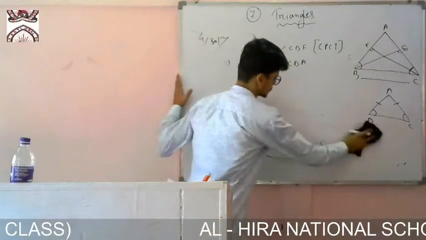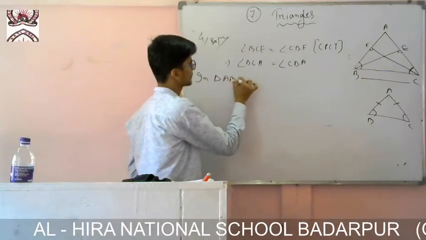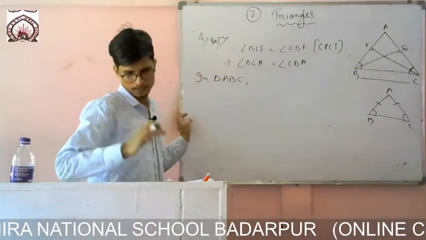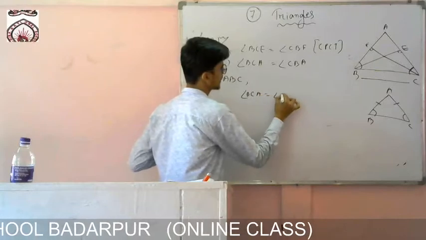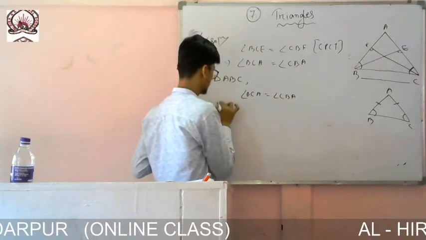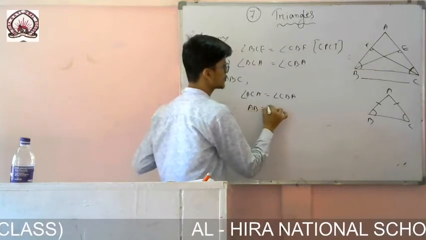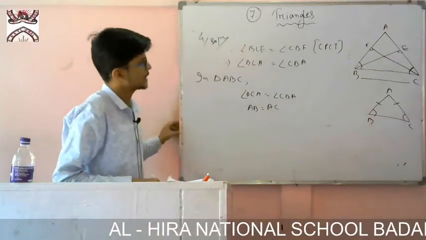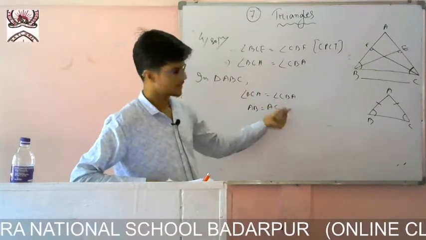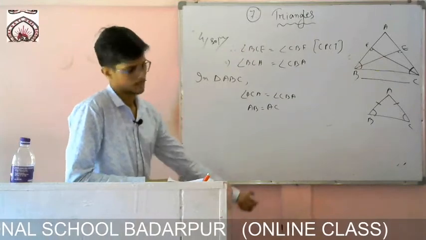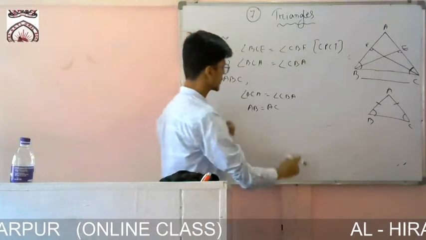So you write, in triangle ABC, angle BCA is equal to angle CBA. Therefore I can write AB equals AC.